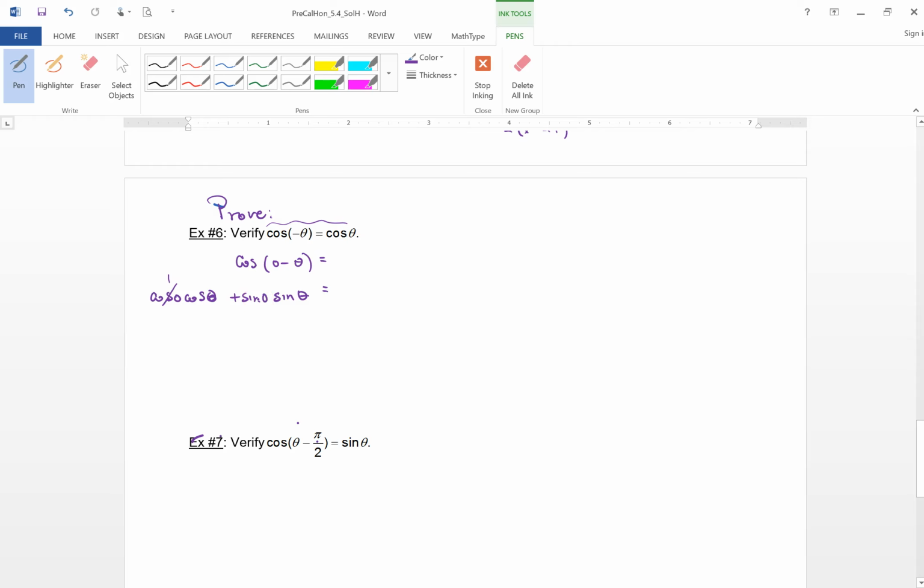What's sine of 0? 0. So 1 times cosine theta is cosine theta, plus 0. Cosine theta equals cosine theta. So that's how you prove that identity. Sine theta times 0 is just 0, so the whole thing becomes 0.